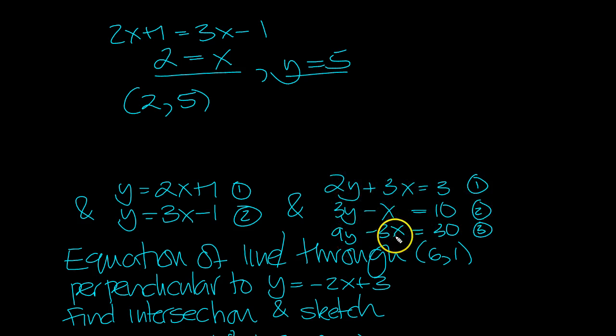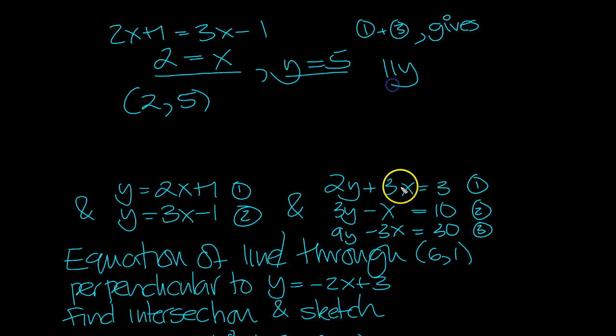So add this to this equals the adding of this to this, isn't it? So 1 plus 3 then gives 11y. These x's cancel, that's why I'll be doing it, equals 33. So that tells us what y is. Y equals 33 over 11, which is 3.